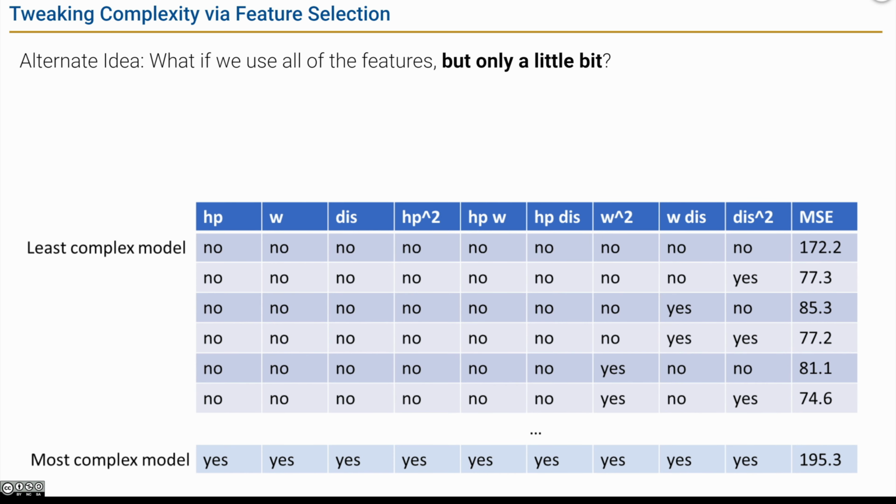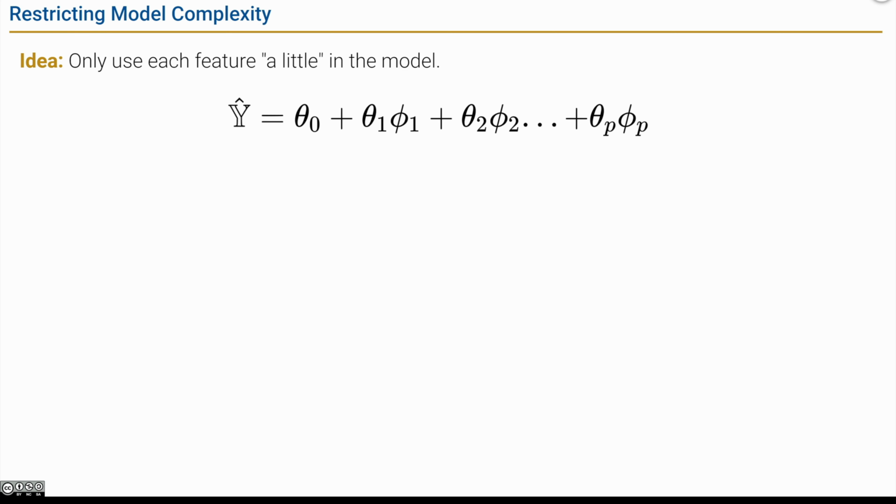And so the idea behind regularization is, what if instead you use all the available features you have, but only a little bit? So what do I mean by that? Let's imagine now that I'm taking each feature that we have and just using it a little in the model.